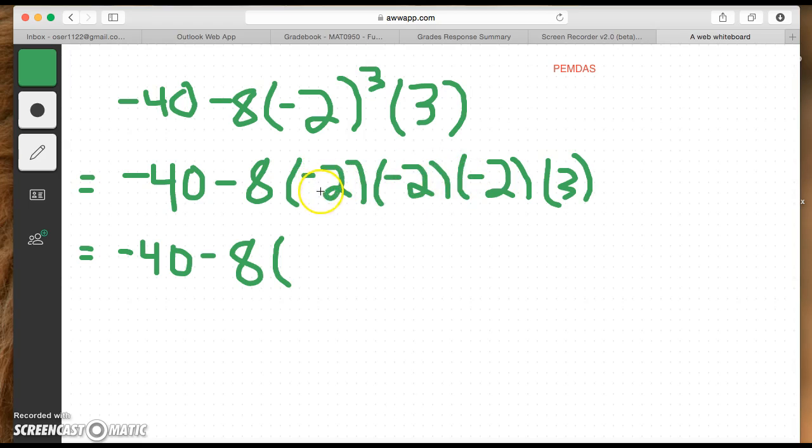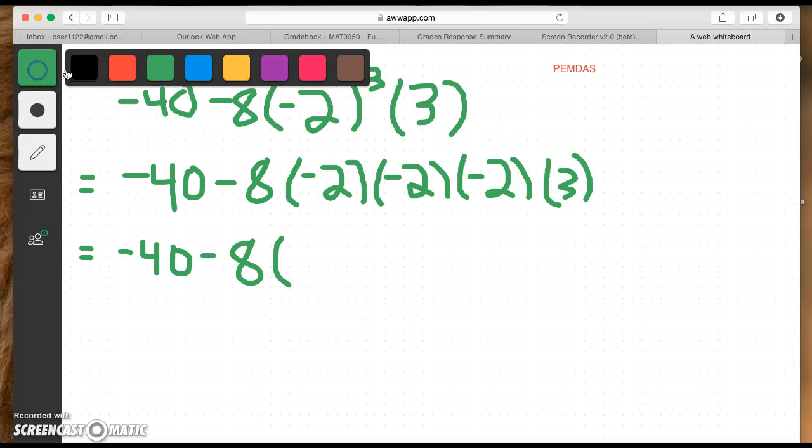So first off, negative 2 times negative 2. Well, 2 times 2, that's going to be a 4. Since you have a negative times a negative, that's always going to be a positive. So negative 2 times negative 2, that is a positive 4.